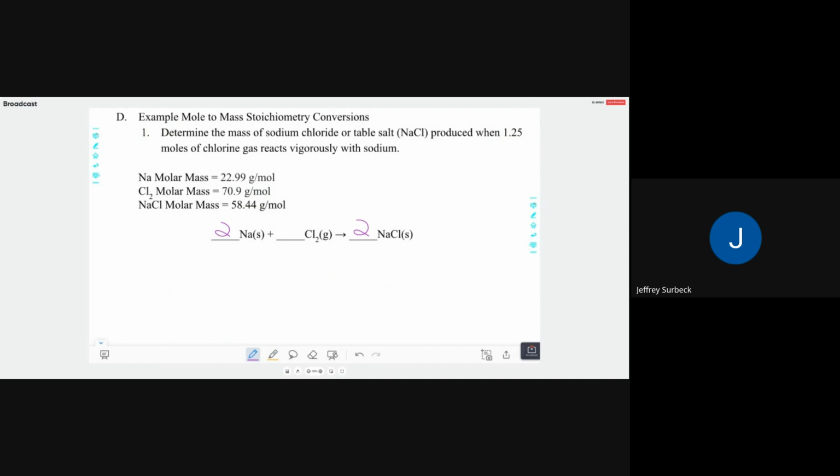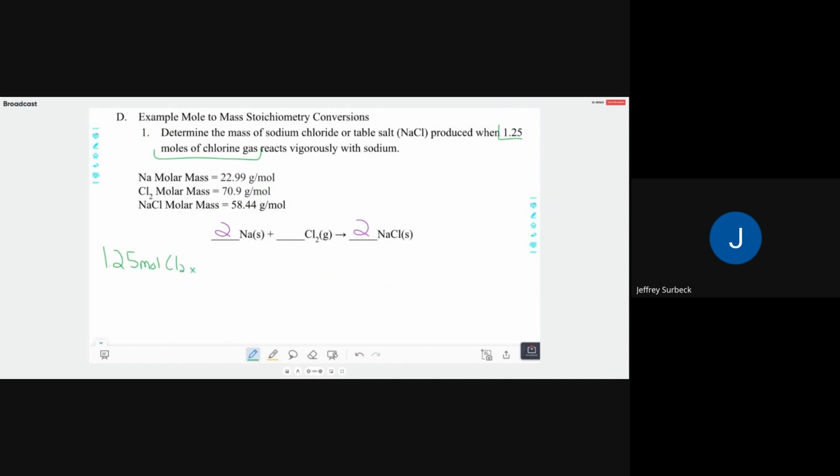This problem says determine the mass of sodium chloride, or table salt, NaCl, produced when you have 1.25 moles of chlorine gas. So we're going to take this 1.25 moles of chlorine gas, and that's going to be our starting value here. So 1.25 moles of our Cl2.